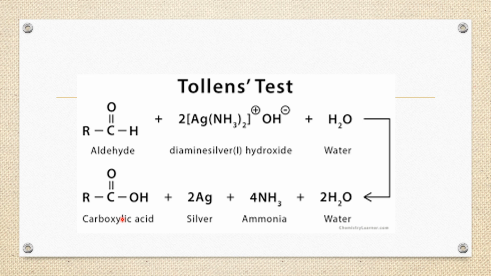At the same time, the silver present in the reagent will be reduced to metallic silver. The reduction of this metallic silver results in the formation of the silver mirror on the bottom and sides of the test tube.